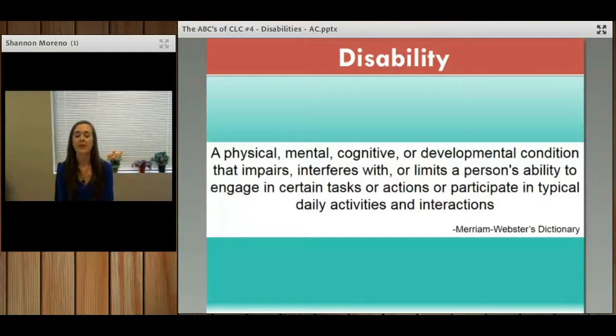So from a social understanding, a social model of disability, just as an example, humans can't fly, right? At least in general, most human beings, our bodies do not have the function of being able to fly.